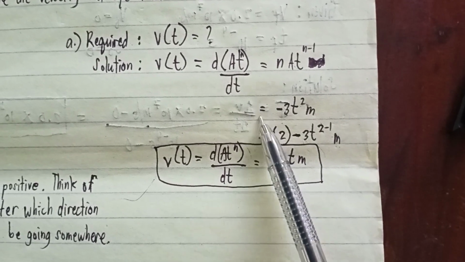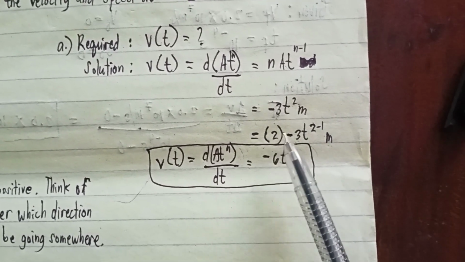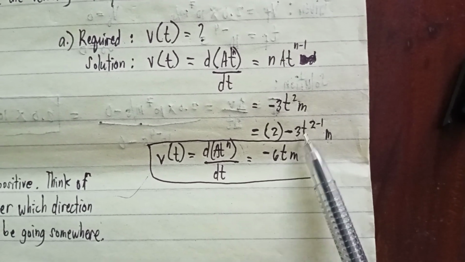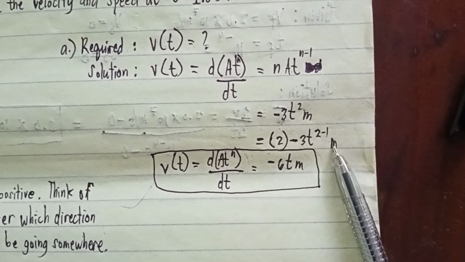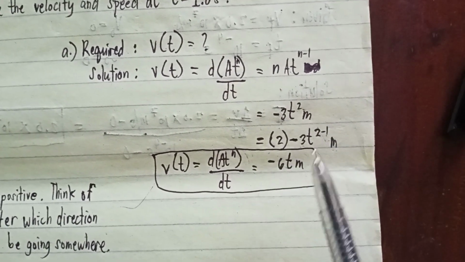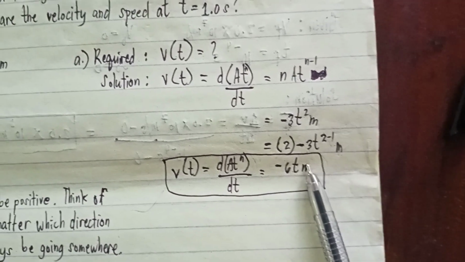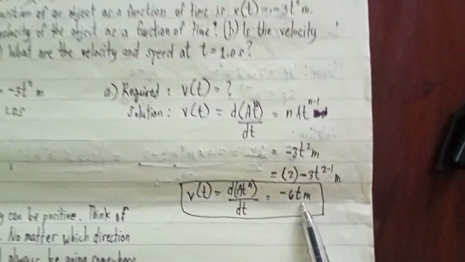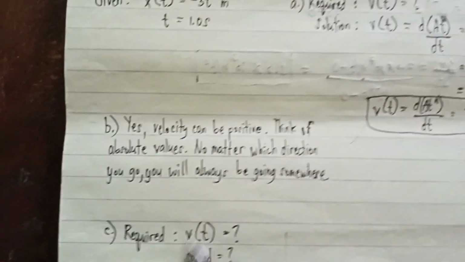We're going to manipulate negative 3t squared m into 2 times negative 3t to the power of 2 minus 1 m. Differentiate it, then we arrive at negative 6t m. So this is the velocity of the object as a function of time.